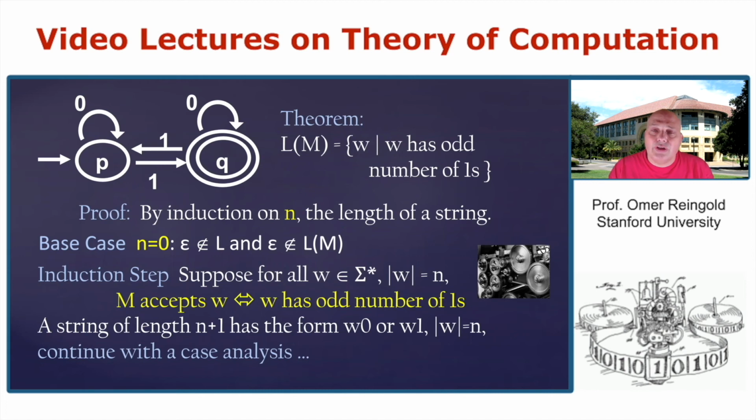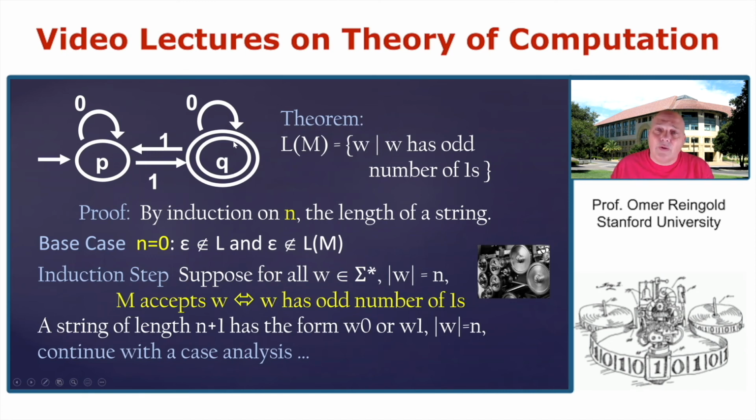And now we can continue with case analysis. If W has an odd number of ones, then with a 0 it is accepted. It is in the language, which means that it reaches the accept state, and the 0 will keep it in the same place.